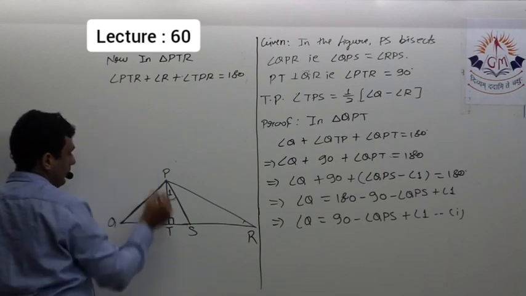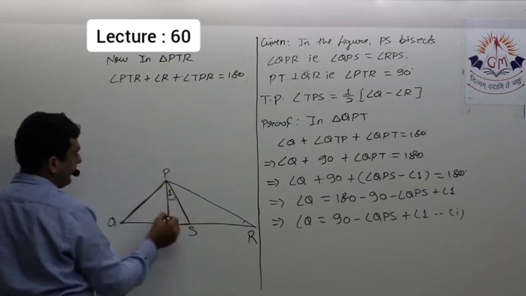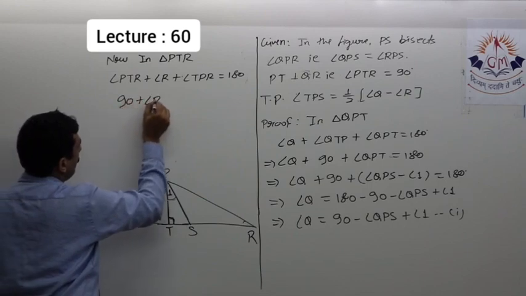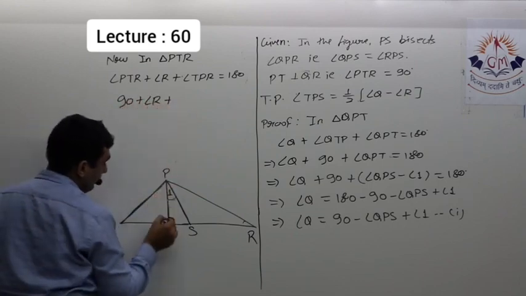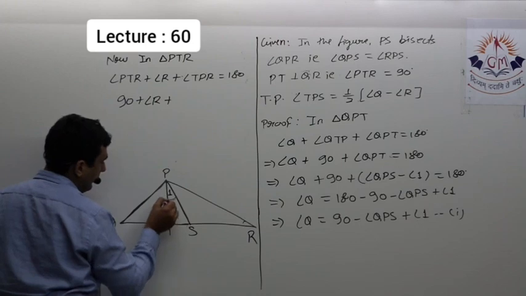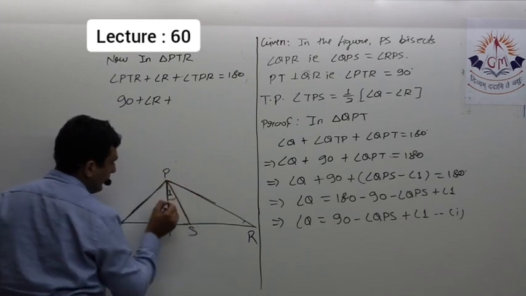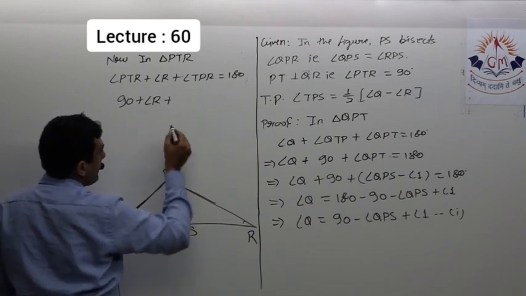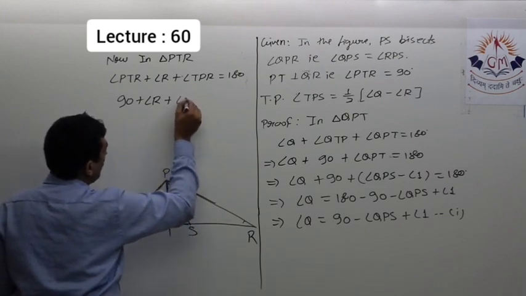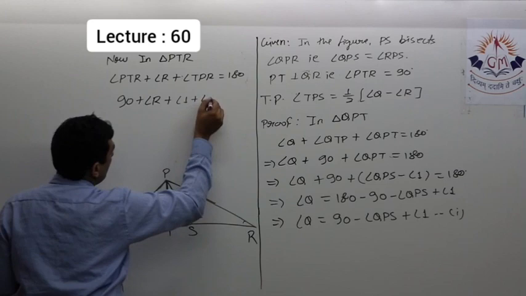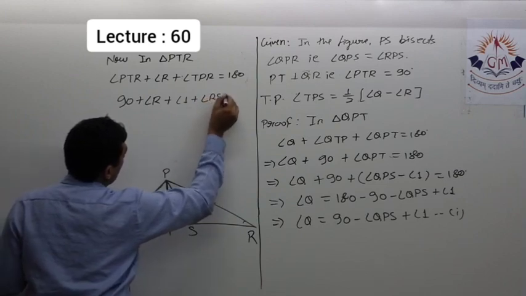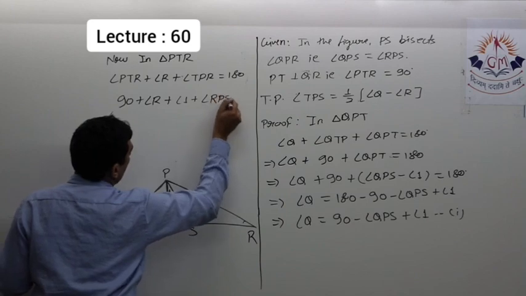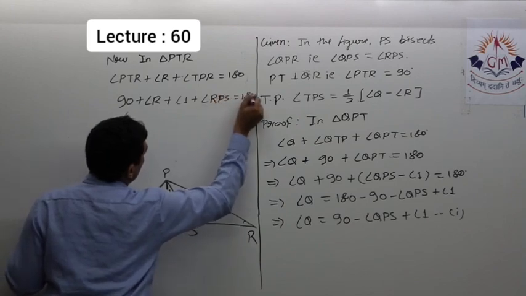So this PTR is equal to 90 degrees because this is perpendicular. So 90 plus angle R. Now this angle TPR, I'm talking about this angle, can be written as angle 1 plus angle RPS, plus angle 1 plus angle RPS is equal to 180 degrees.